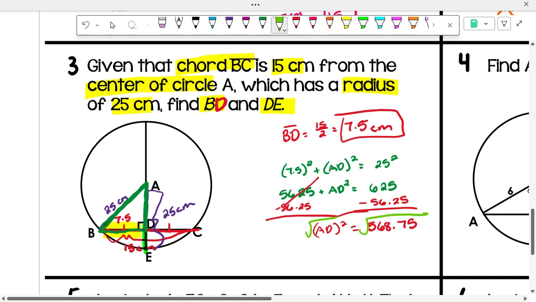How do I square root? Isn't it 23.84? Square rooting it.